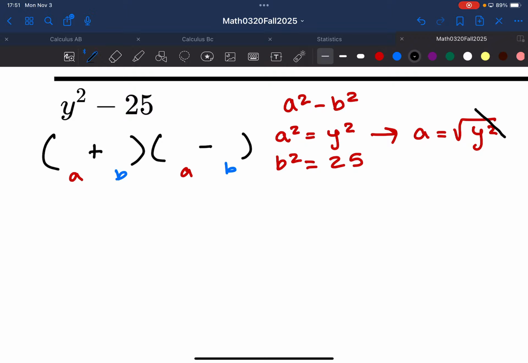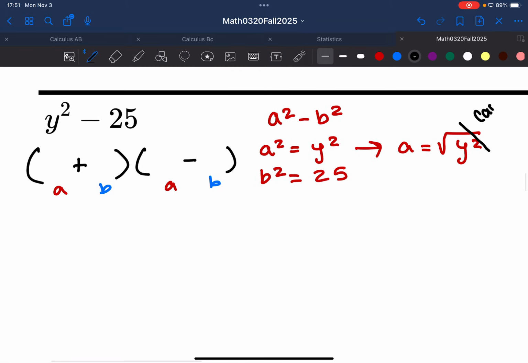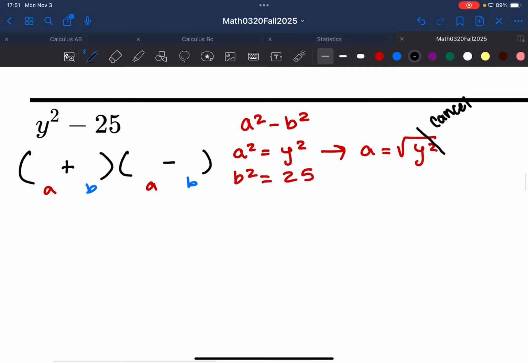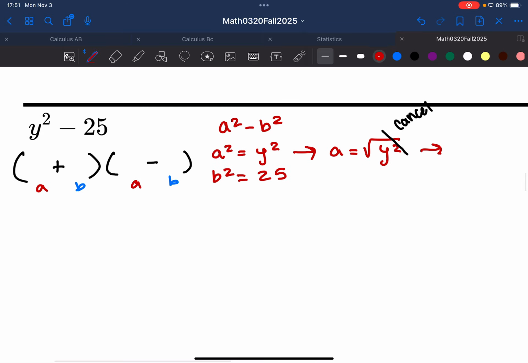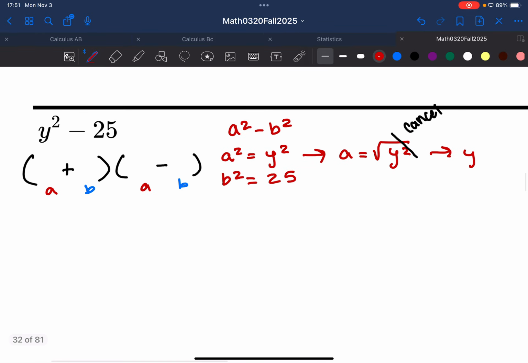The reason for that is one is squared, which means we multiply it by itself, and the other is the square root. These things will always cancel each other out. So I'll write that here. This will cancel. So that means our A value is actually just y. So I'm going to go back here, and anywhere I had an A, I'm going to put a y.